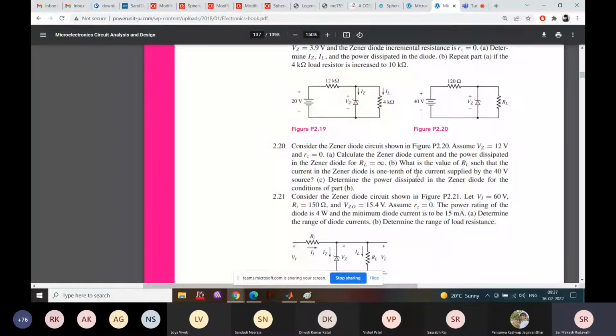Have you solved the problem, part B? What is the value of RL? You got the answer for RL, the load resistance? Have you calculated? You got it.